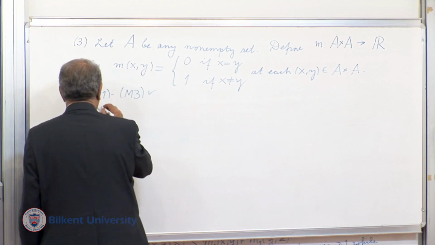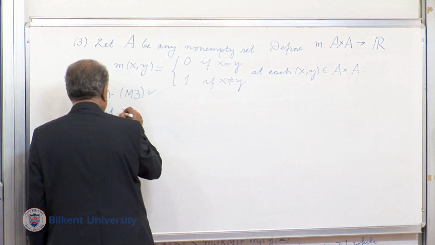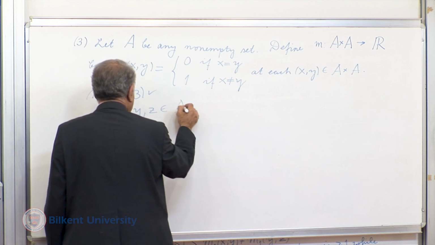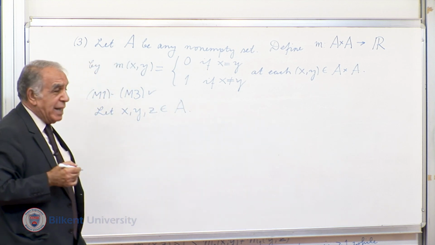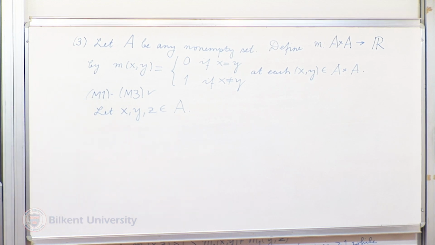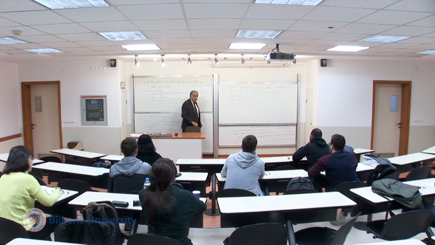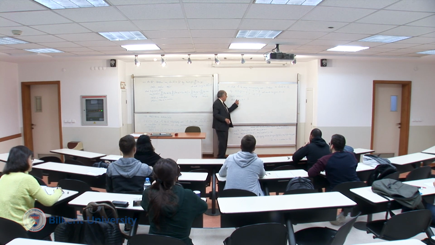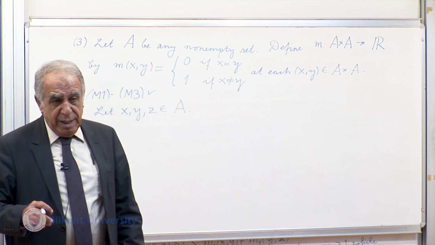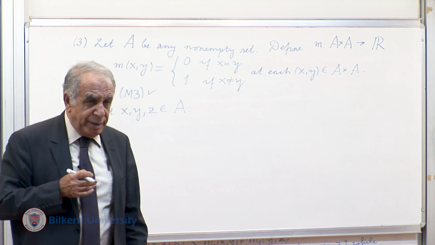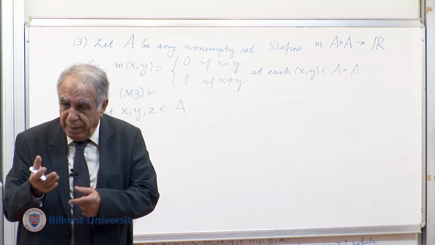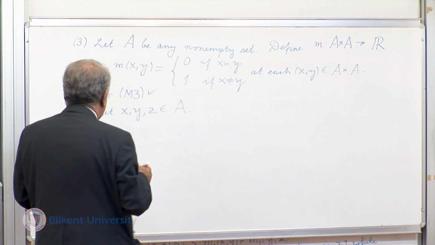Let's check M4. Let x, y, z be points in A. Again, we can, in a sense, imitate what we did in case 1. If at least one of m(x,y) or m(y,z) is 1, since m(x,z) will be less than or equal to 1, we'll get the conclusion.